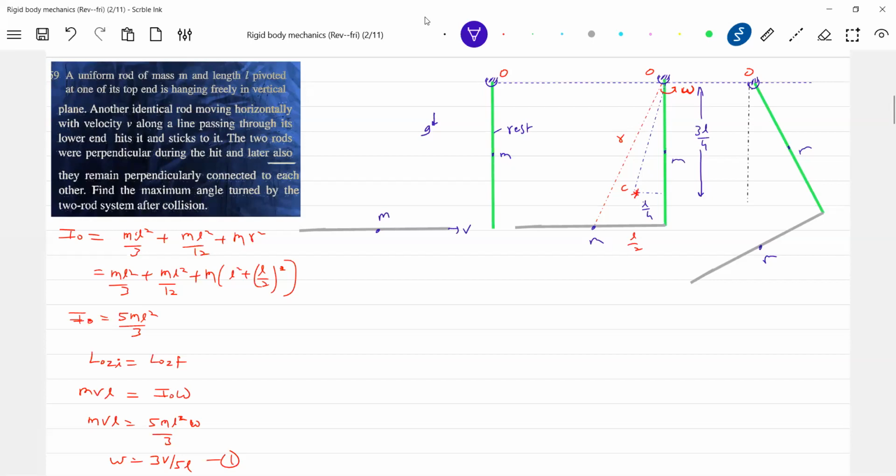What is OC? C is the center of mass of the system, meaning of the two rods.